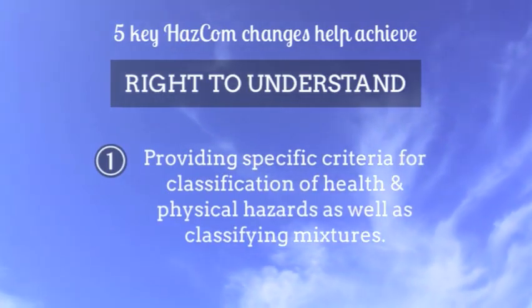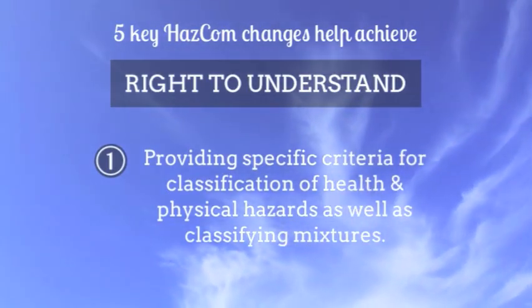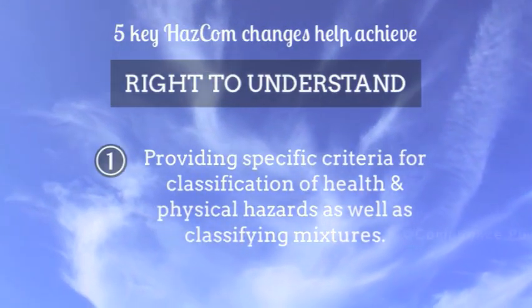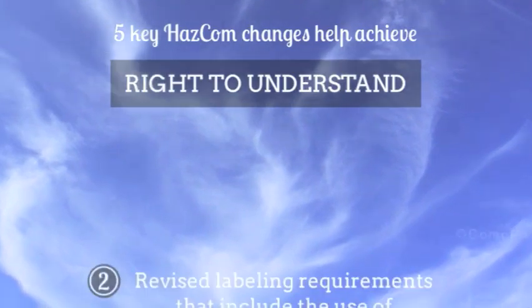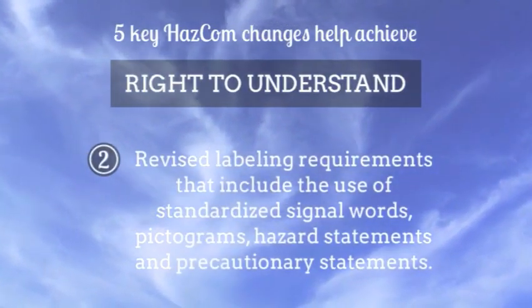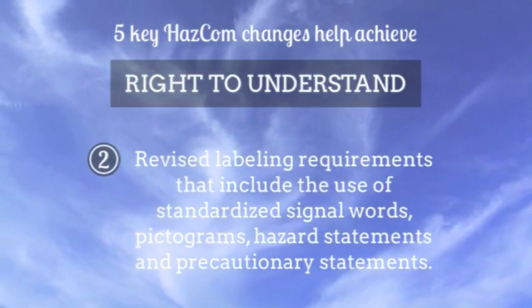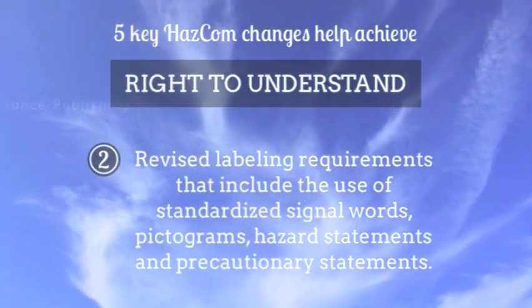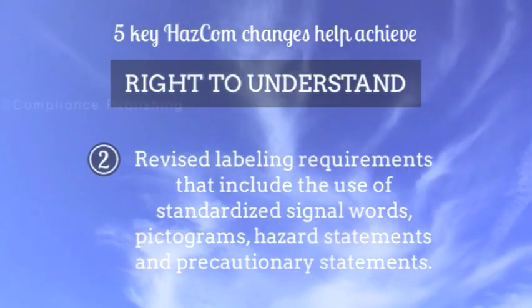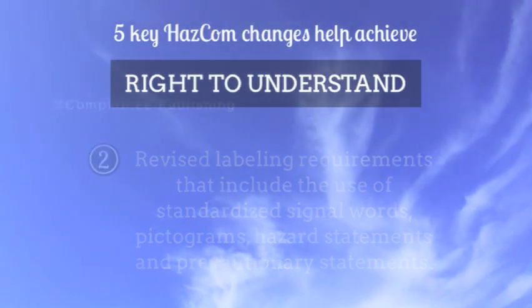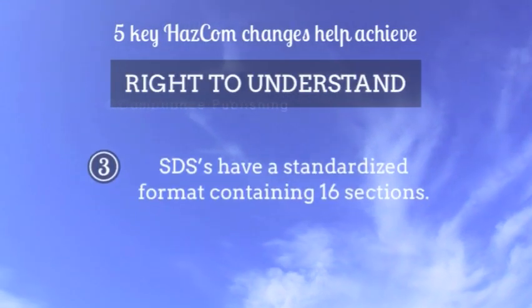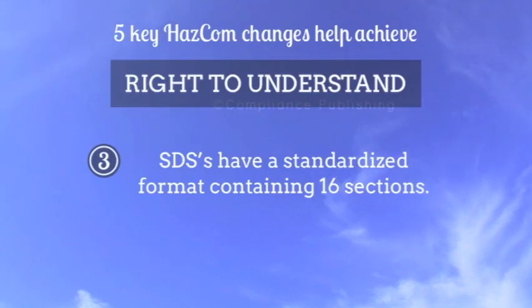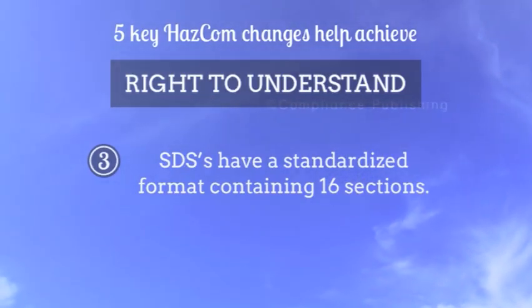The first is providing specific criteria for classification of health and physical hazards, as well as classifying mixtures. Number 2, revised labeling requirements that include the use of standardized signal words, pictograms, hazard statements, and precautionary statements. Number 3, SDSs have a standardized format containing 16 sections.